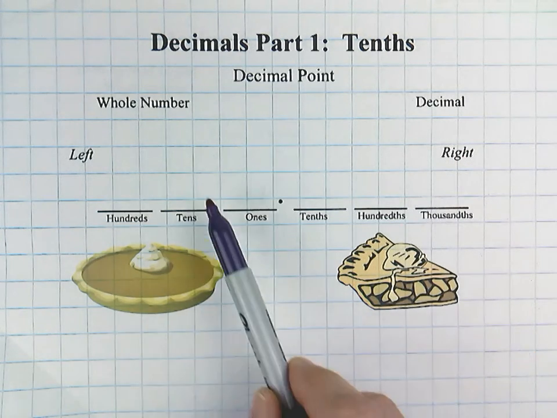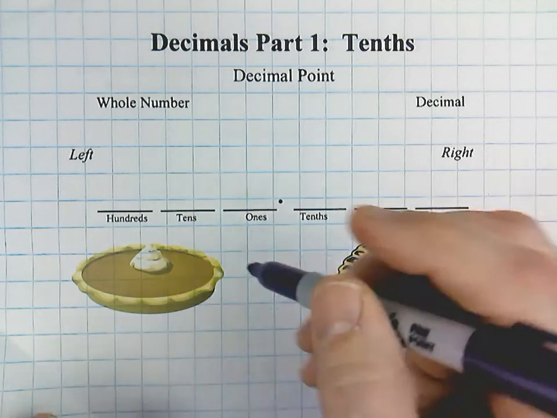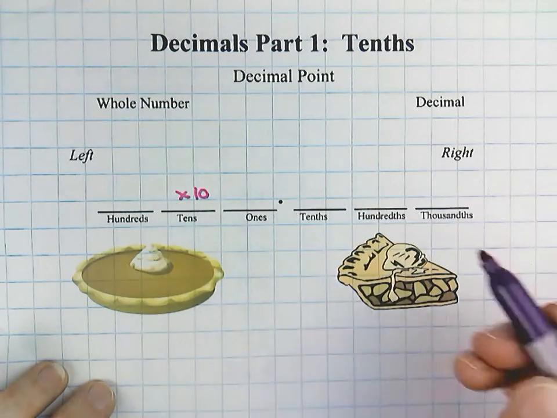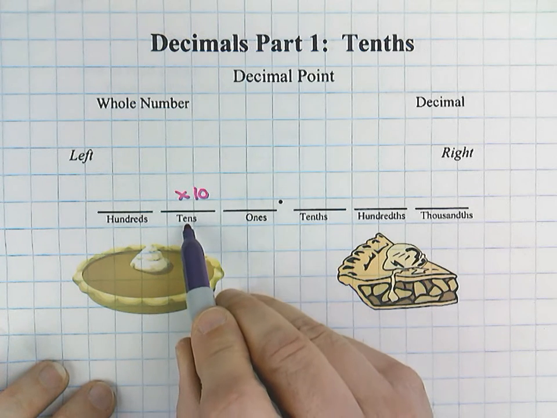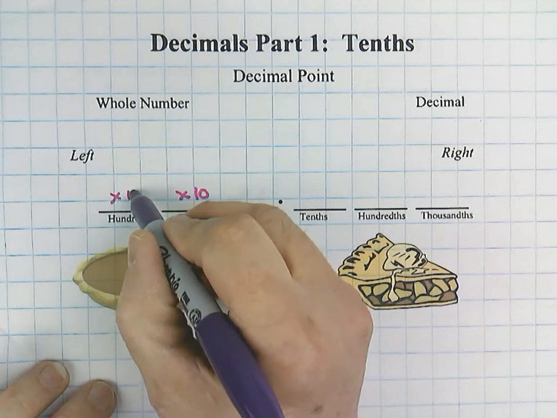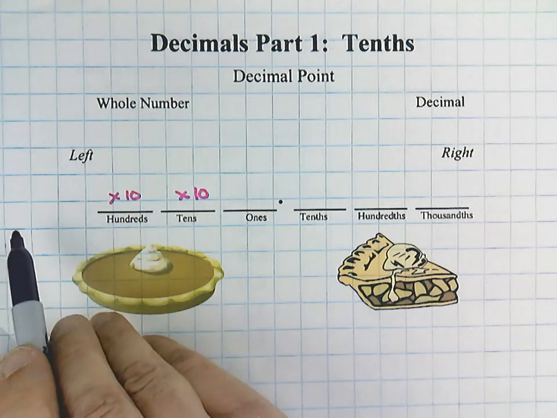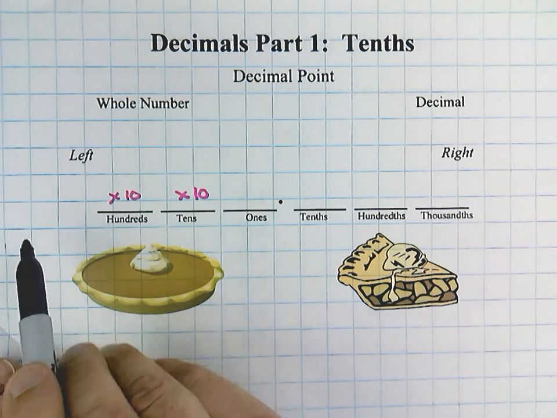Each whole number place, which would be on the left of our decimal point, always increases by 10. For example, 1 times 10 would be 10. 10 times 10 would be 100, and it would continue to increase with each place value by times 10.